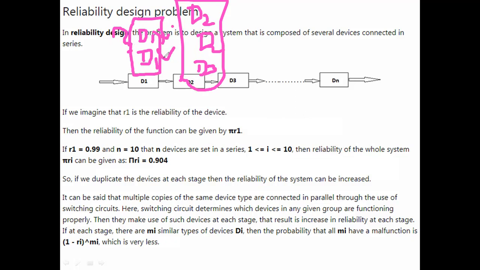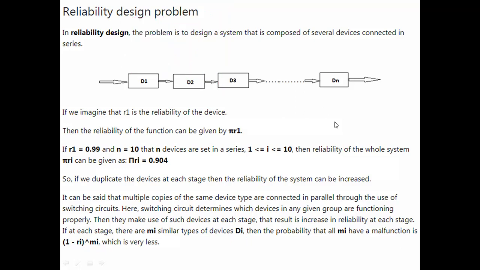At each stage there are Mi similar devices, so here 3, here 2, here 4. The probability that all Mi devices malfunction is (1 minus Ri) to the power Mi. This is very small, which gives a high probability of working for these devices.